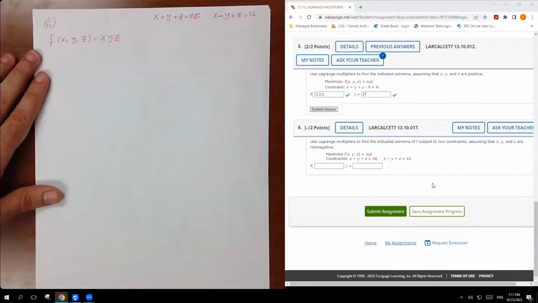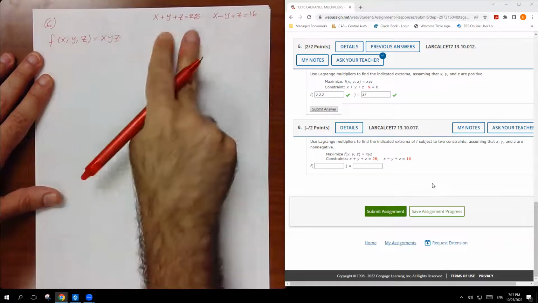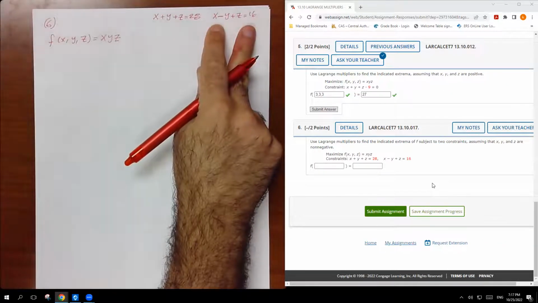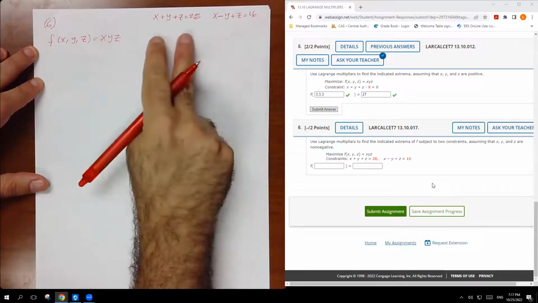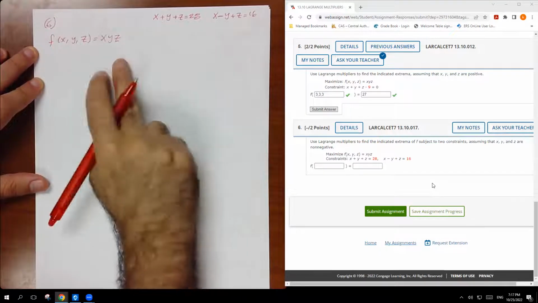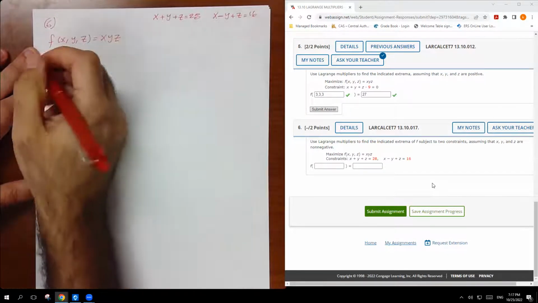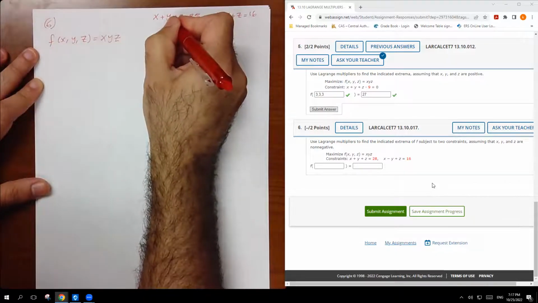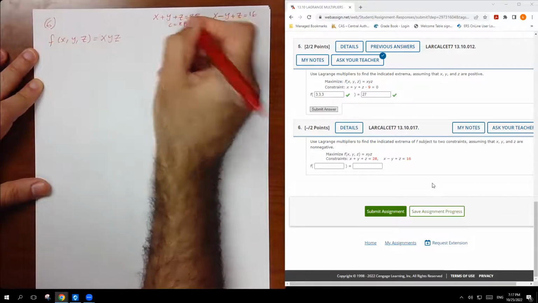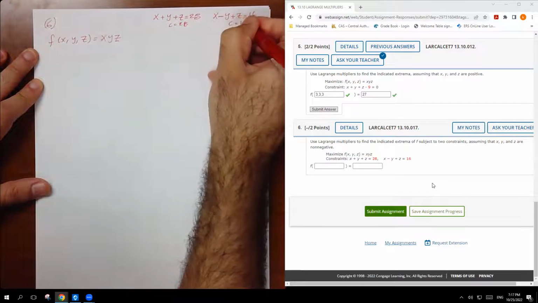So with example 6, here's our function. We have 2 constraints. That means it's going to be 3 gradients, f, g and h, with lambda and mu. The constant here is 28, and the constant here is 16.